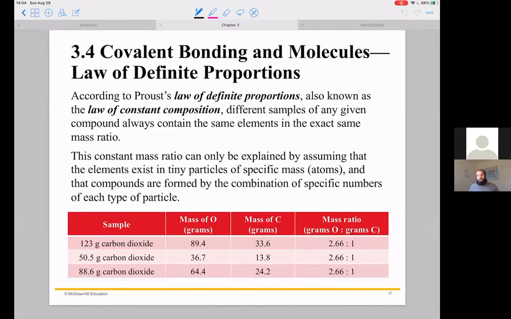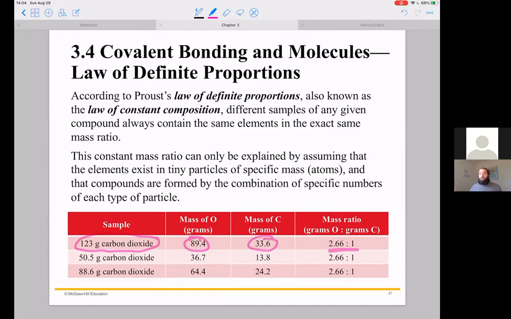One of the things that is important about compounds in general, actually, ionic compounds as well as covalent compounds, is this idea of the law of definite proportions, which basically means that, for example, if I had a large sample, so 123 grams of carbon, and I took the mass of just the oxygen and the mass of just the carbon, I would get a certain ratio.